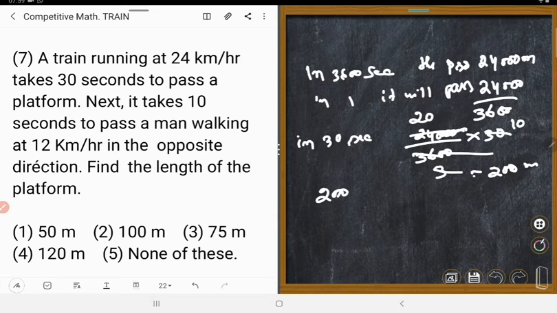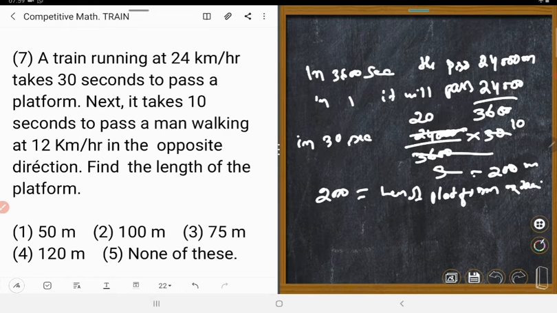200 is the length of the platform and the train. Right?